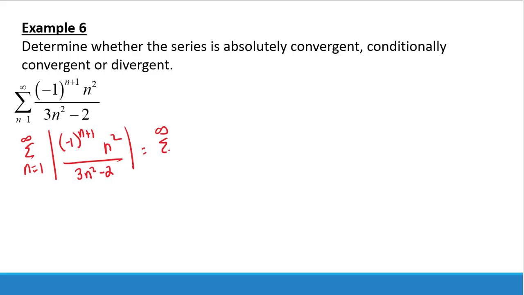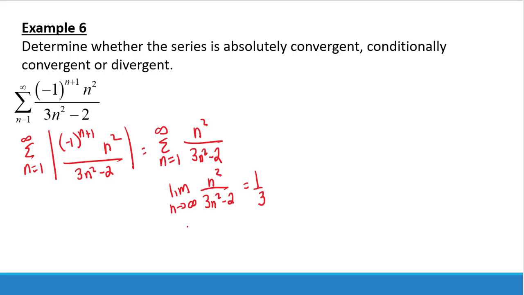And now I need to determine whether or not this series is convergent or divergent. Well, remember we have all these different tests, but the first one, the one that I always forget about, that you always want to check first, is the nth term test. So take this limit, which equals 1/3, so this diverges. Okay, so it's not absolutely convergent.